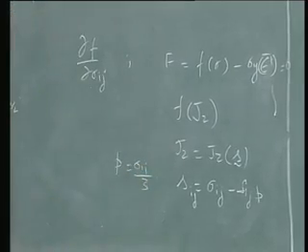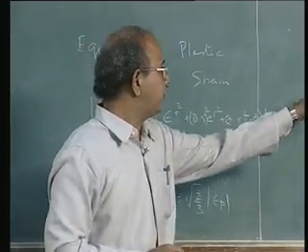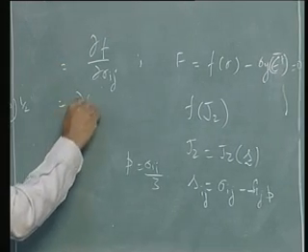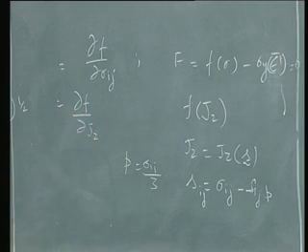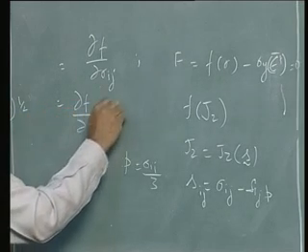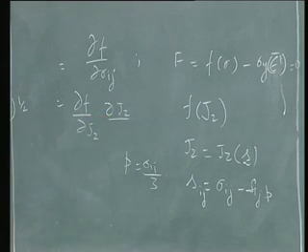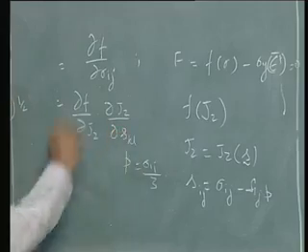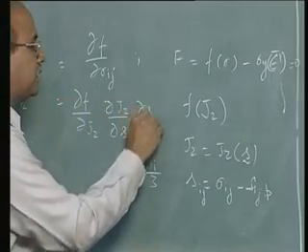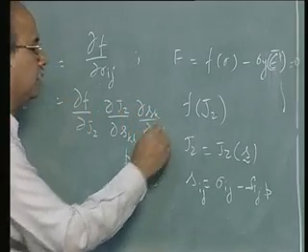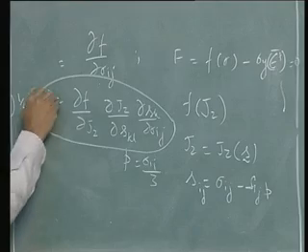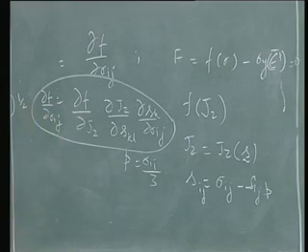All these things you know already. So when I want to write dou f by dou sigma ij, then I write this as dou f by dou J2 into dou J2 by dou Skl into dou Skl by dou sigma ij. So, this is what would now give me the dou f by dou sigma ij.